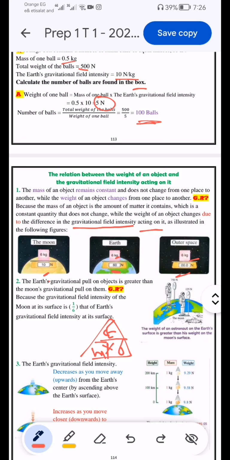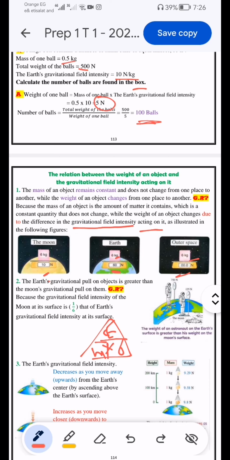To calculate the weight on moon, we will make what? The weight on earth over 6. So the gravitational field intensity of moon is what? Is 1 over 6 of earth, okay? 1 over 6 of the earth gravitational field intensity. So look at this.